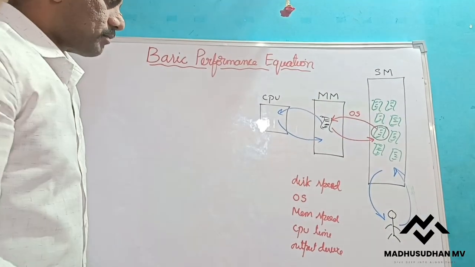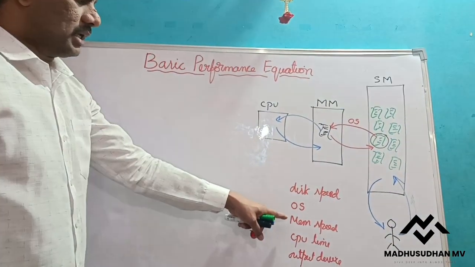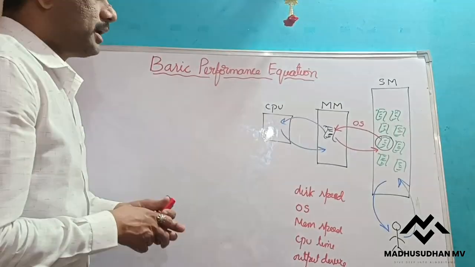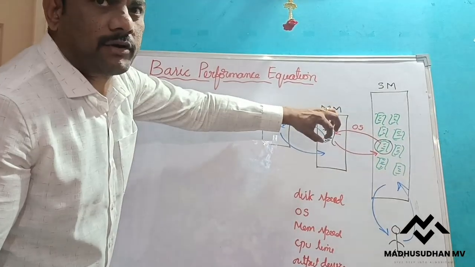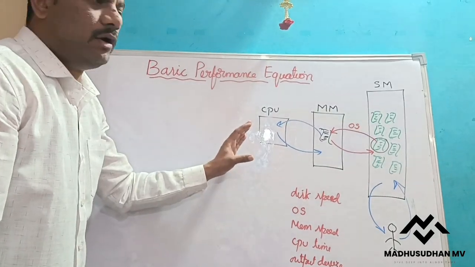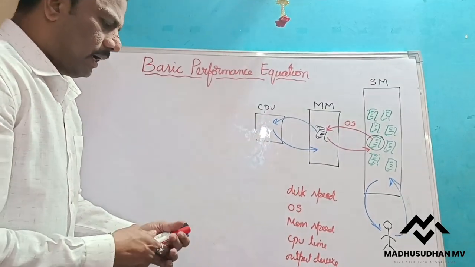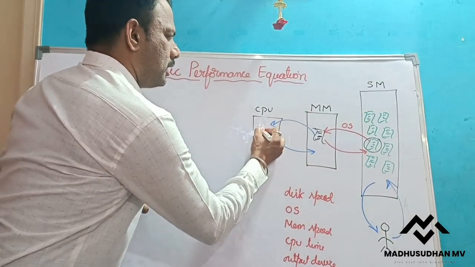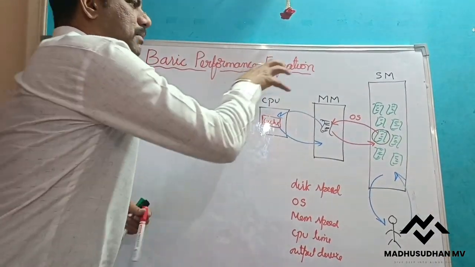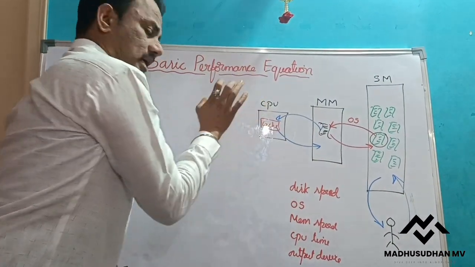Among these, we know memory speed. In the last video I explained how we can increase the memory speed. Every time the processor goes to the main memory and brings data, so instead of that, our processor maintains one memory called cache memory within the processor itself. Whenever it brings any instruction, it stores it in the cache.